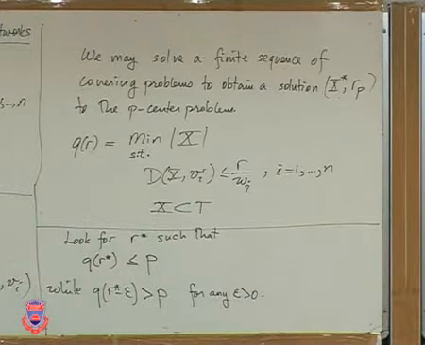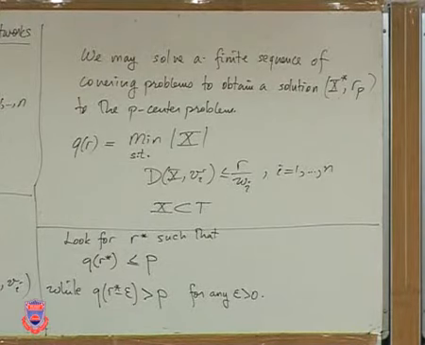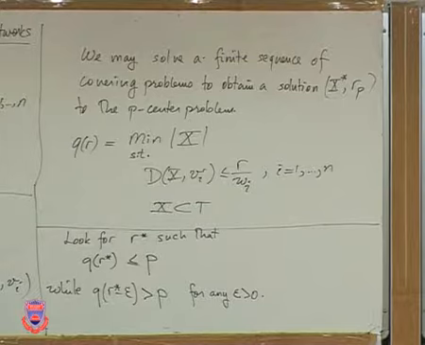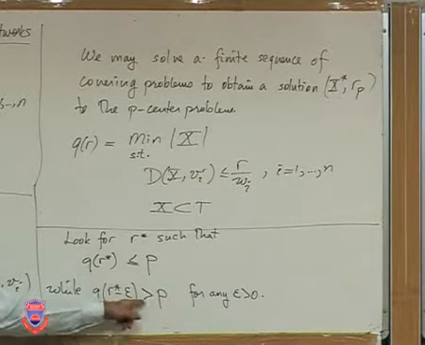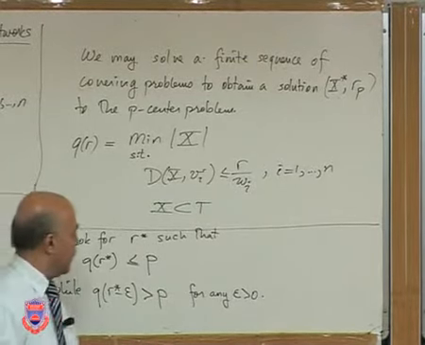So as soon as you reduce the radius a little bit, it does not admit a feasible solution with less than p points. Okay? All right.